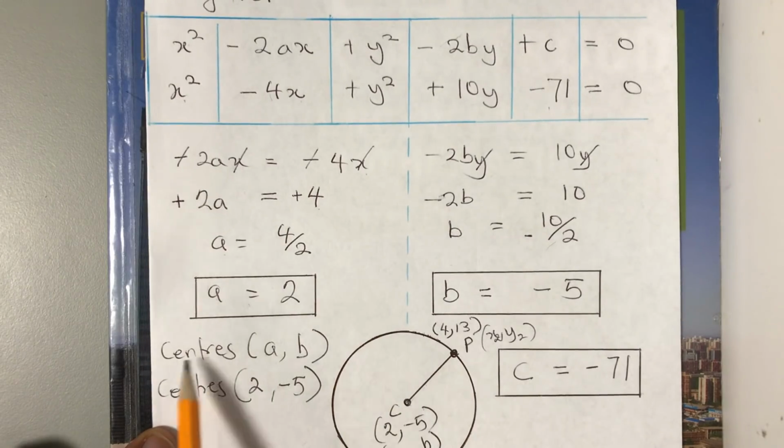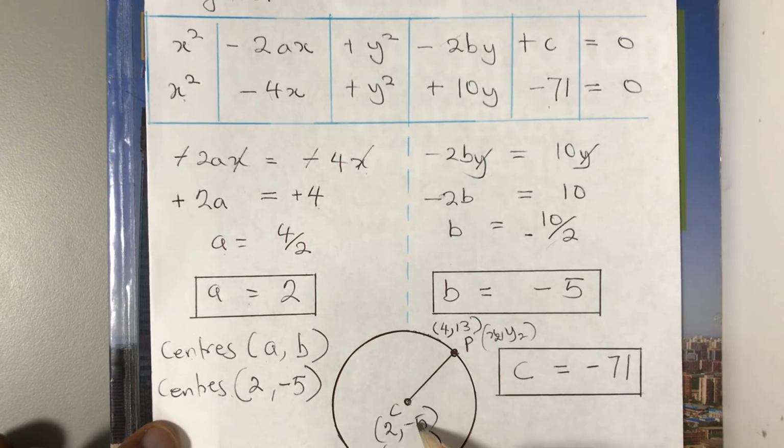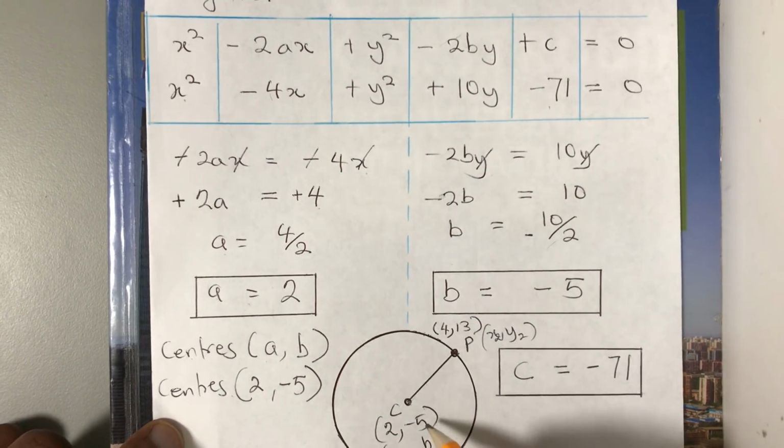Then we can say that the center (a, b) equals (2, minus 5), which is the center of our circle.